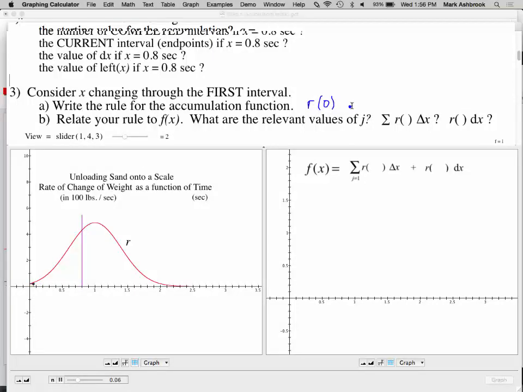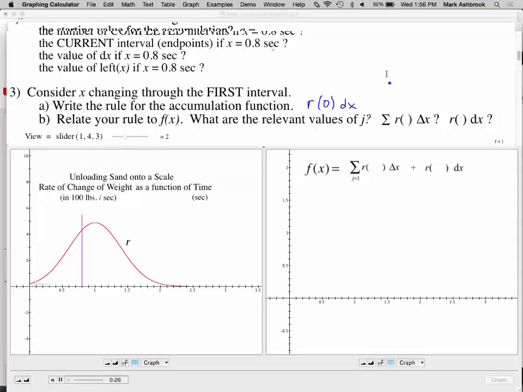And so to get the amount of change in pounds of sand, it'll be R of 0 times... it won't be 0.3 because it's a changing amount. It's a function of whatever amount of time has gone by. So R of 0 times 0.3 would be the total amount accumulated in that interval. We want the function. So R of 0 dx.